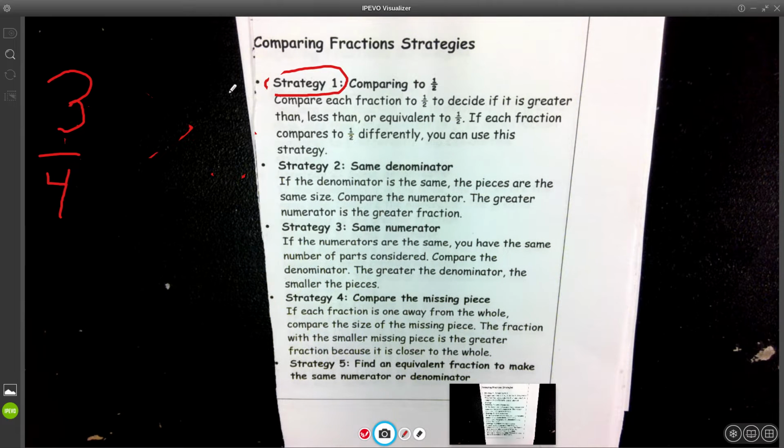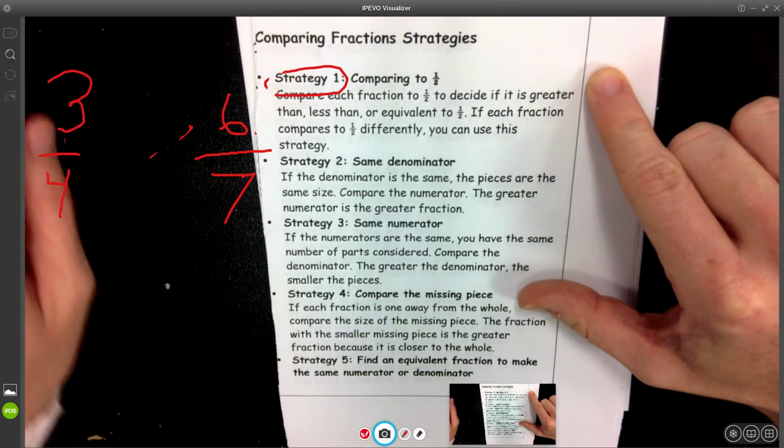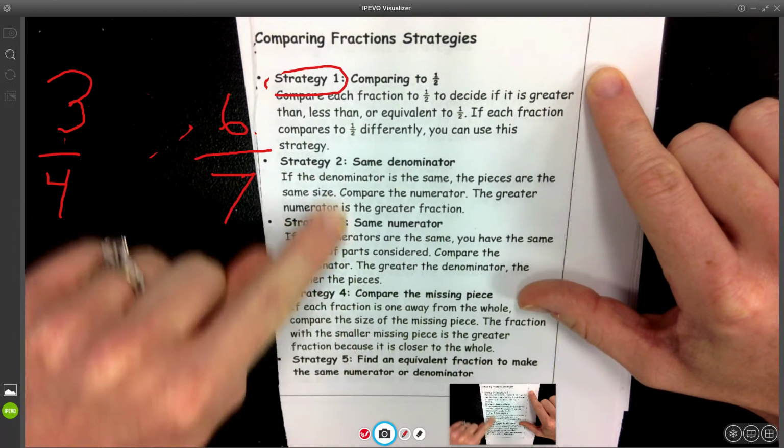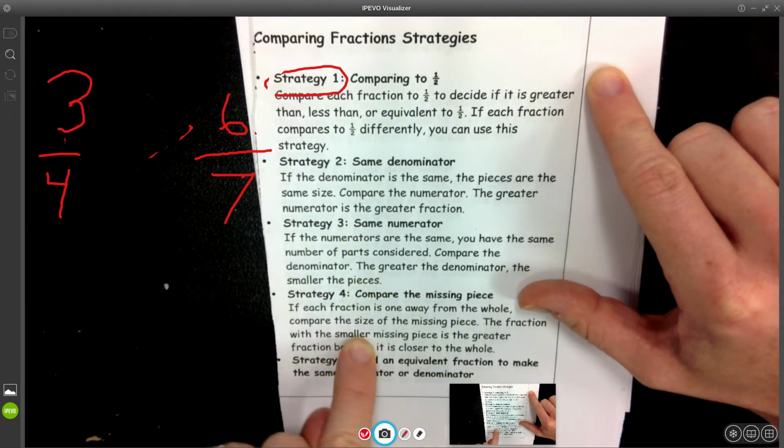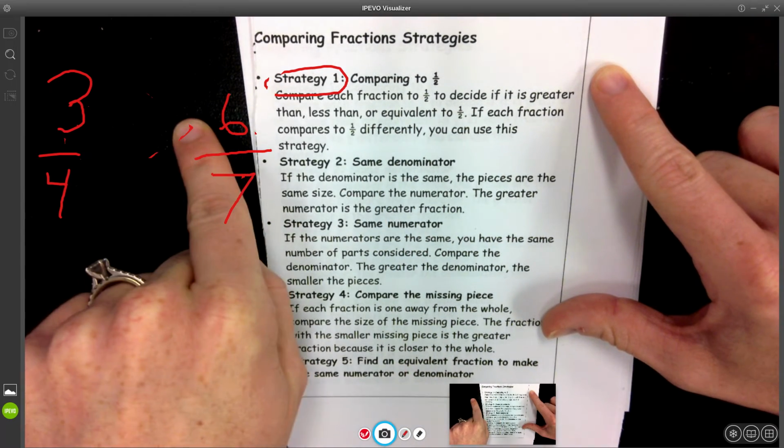And they want you to compare 3/4 to 6/7. Well, they're both 1 away from a whole, but they're both greater than a half. So I cannot use strategy number 1 to help me solve this. But we're going to talk about all of these different strategies as the week goes on. But strategy number 1 couldn't be used for this, okay?